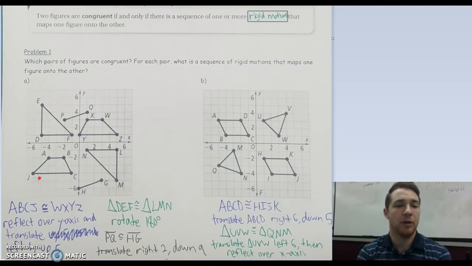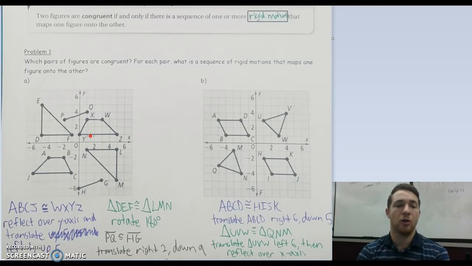So first thing I noted was that these trapezoids, ABCJ and WXYZ, are going to be congruent. And we can get from one to the other. I said we could take ABCJ, reflect that over the y-axis, so it'd end up in this area. And if I translate that left 1 unit and up 5, that would fit right over that second trapezoid, WXYZ.